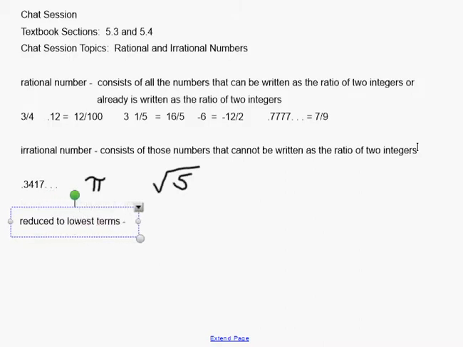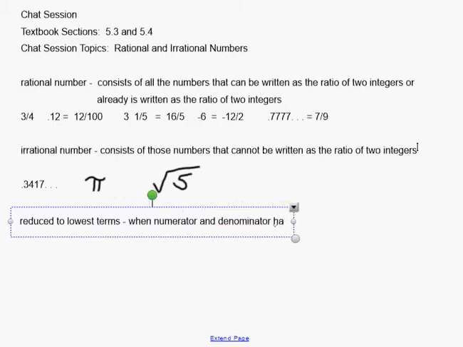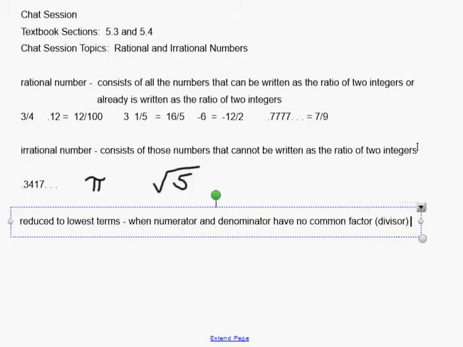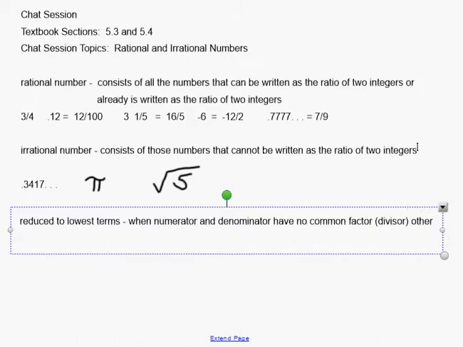Reduced to lowest terms means when numerator and denominator have no common factor or divisor other than 1.